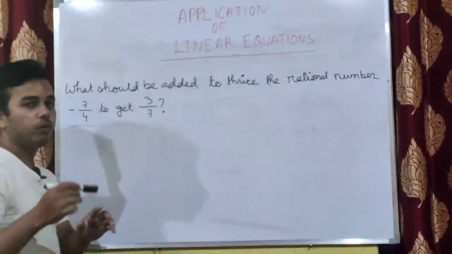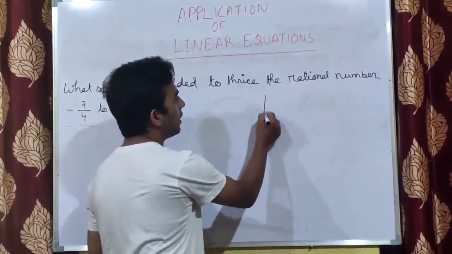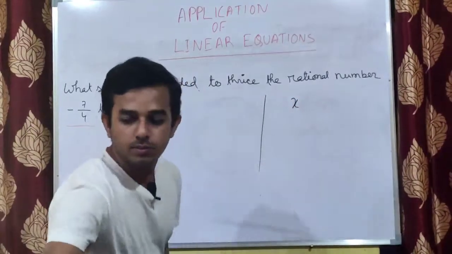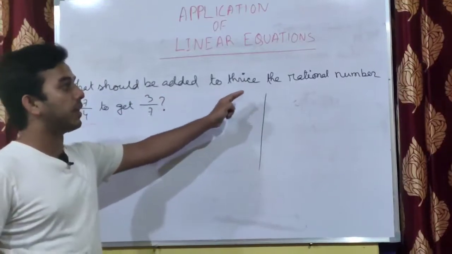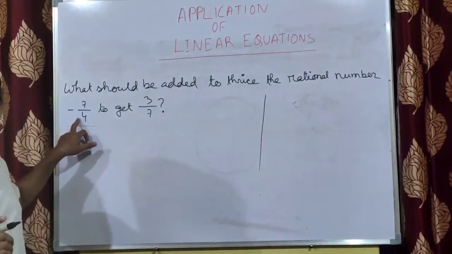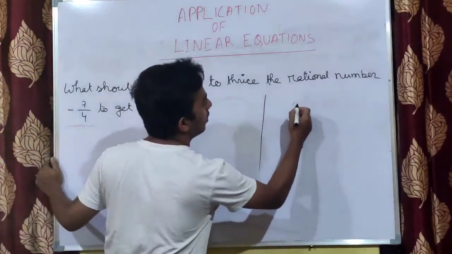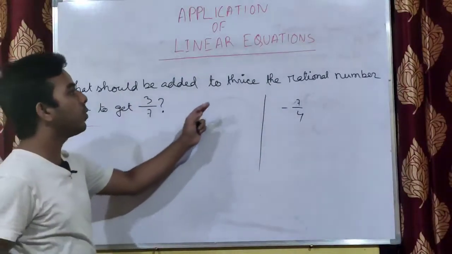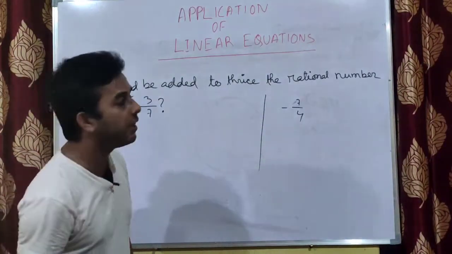First of all let me show you in rough. Let the number be x, right? First of all, what should be added to thrice the rational number. First we have to write this number, that is minus 7 by 4, and as it is 3 times, it is multiplied by 3.